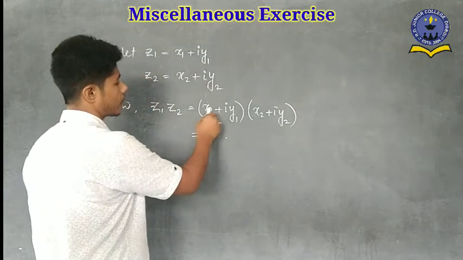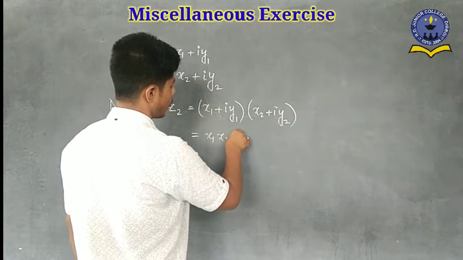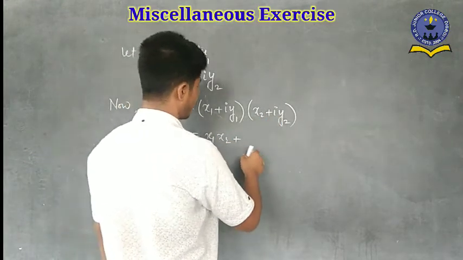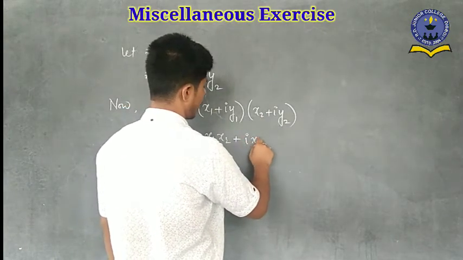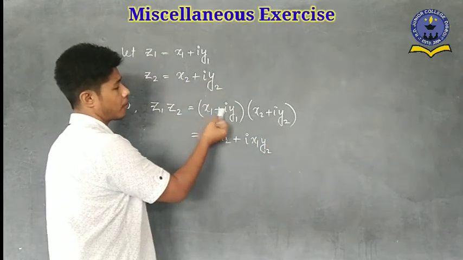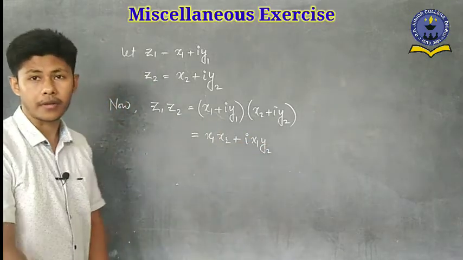So here x1 into x2, that is x1 x2, plus the second one, x1 into y2, that means i x1 y2. This means this x1 we multiply with x2 as well as with y2. Is it clear?